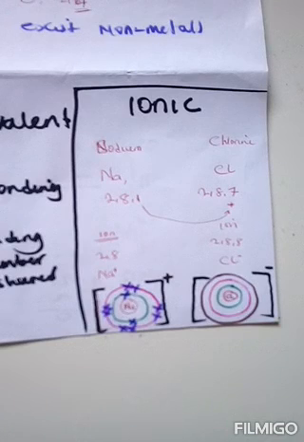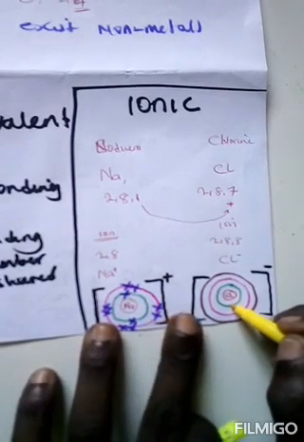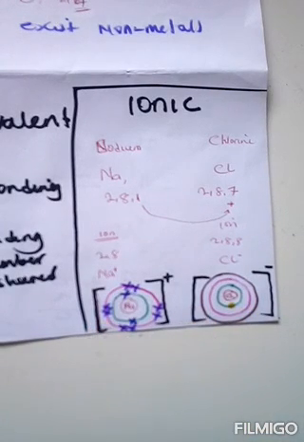So now we have to put in the electrons. The electrons for sodium, I represent them by a cross. What of the electrons for chlorine? The electrons for chlorine, I'll represent as dots. Hope you guys will be able to see this. No, the marker is not visible.